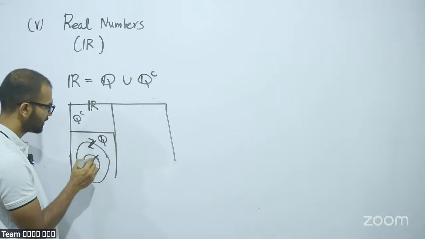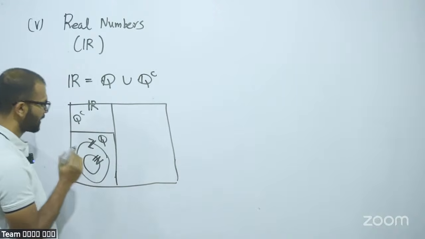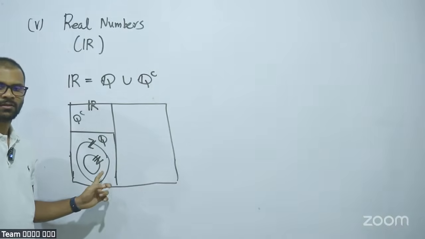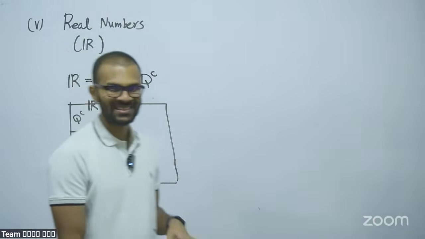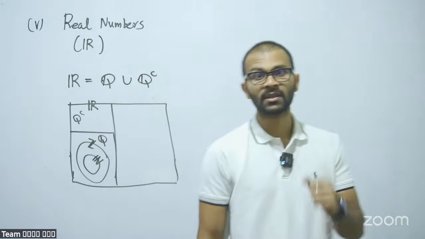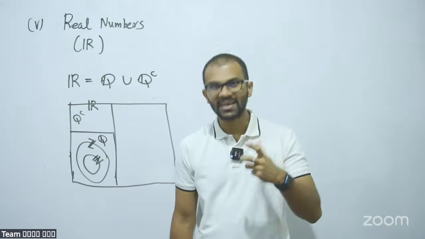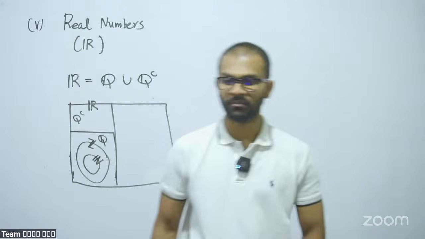Inside integers, we have natural numbers. So the set of natural numbers is in the set of integers. The set of integers is in the set of rational numbers.